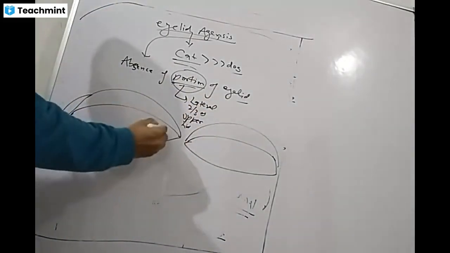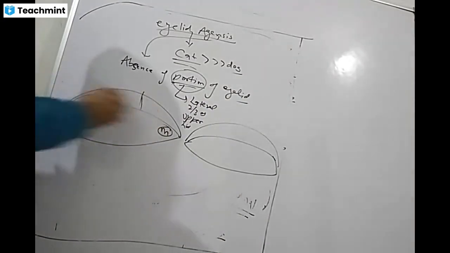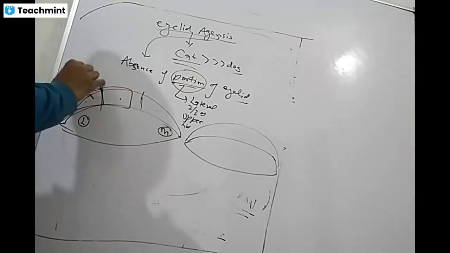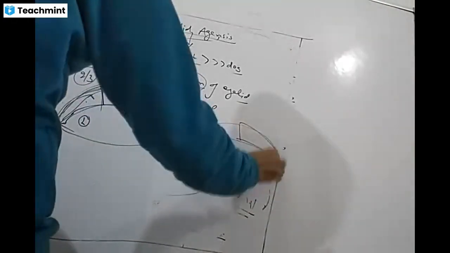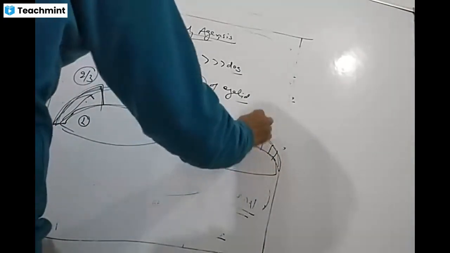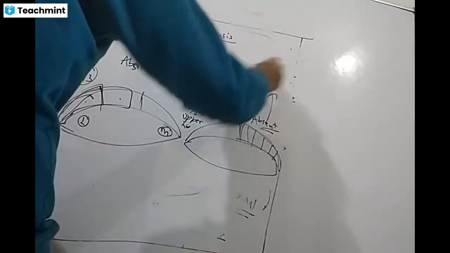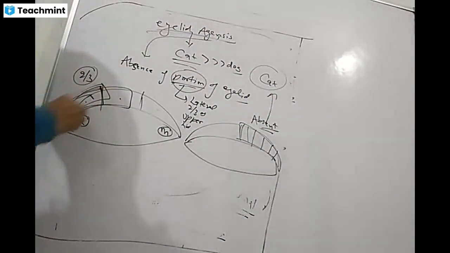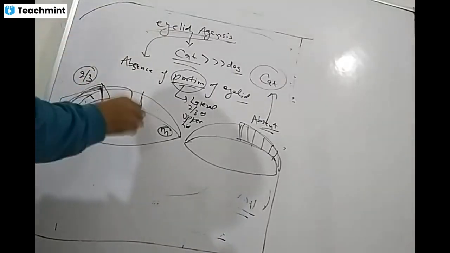So this is the medial, this is the lateral. If we divide it in three parts, 1, 2, and 3, this 2/3 part is absent. Here also, this lateral 2/3 is absent in case of cat. So eyelid agenesis, eyelid coloboma is the absence of 2/3 tissue from the lateral part of the upper eyelid that is more common in your cat.